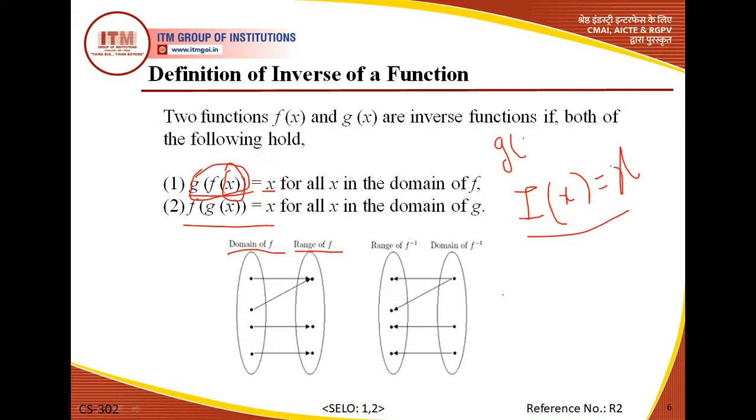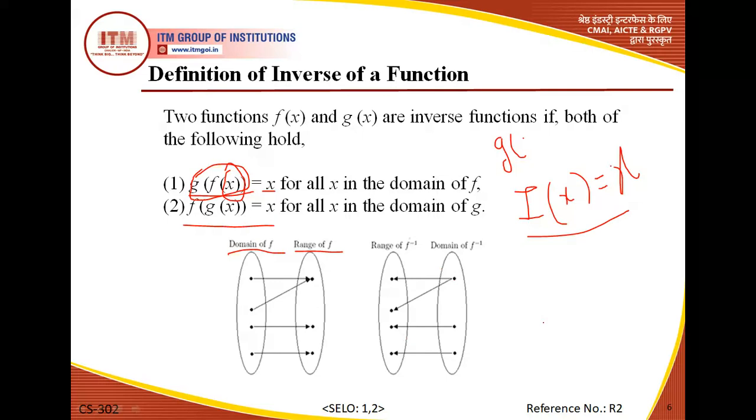Now, what does the definition of function say? We have two points in the definition of function. The first point is that every element of the domain should have an image. So this element has an image, this element also has an image, and this also has an image.